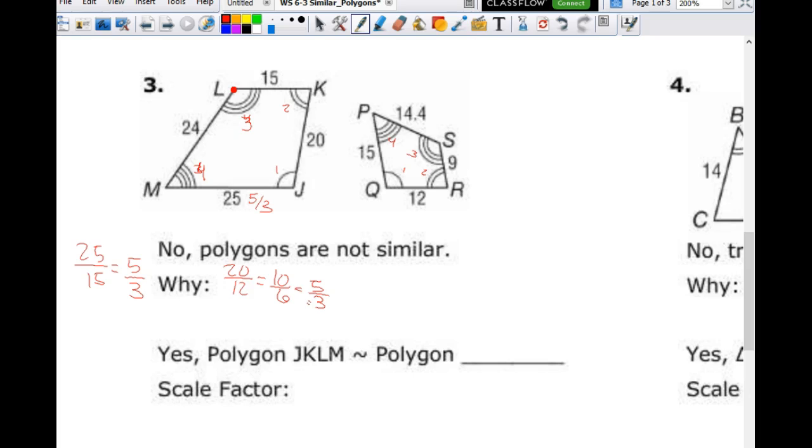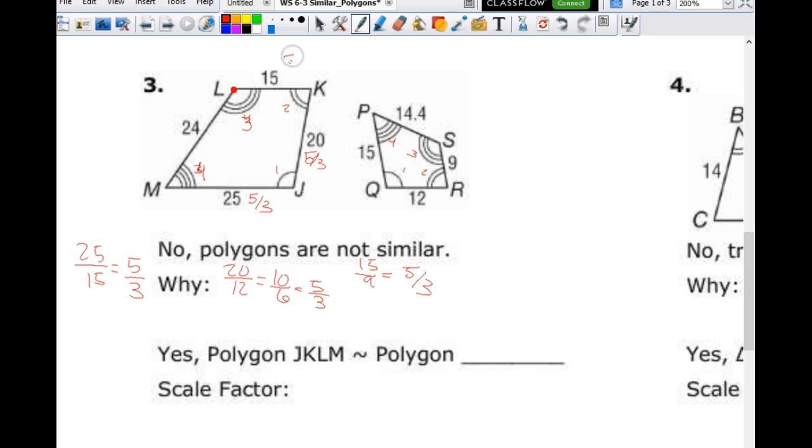Let's do 15. Oh, let's write this 5 over 3 so we know. 15 is 2 and 3. Where's 2 and 3? It is right here. So that's going to be 9. Divide both by 3, and we get 5 and 3.